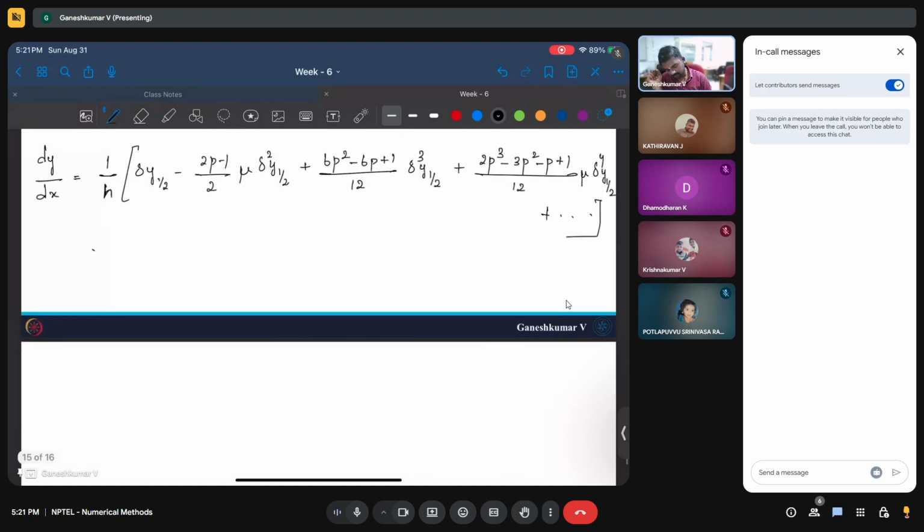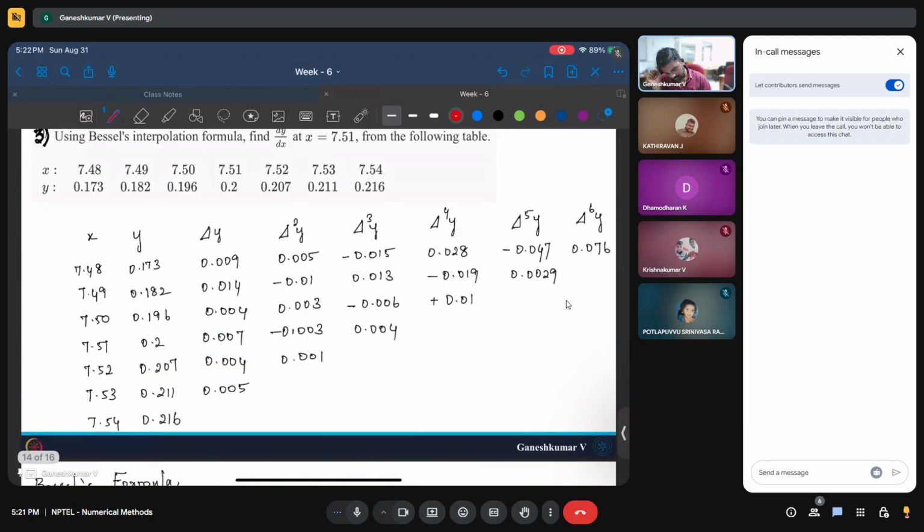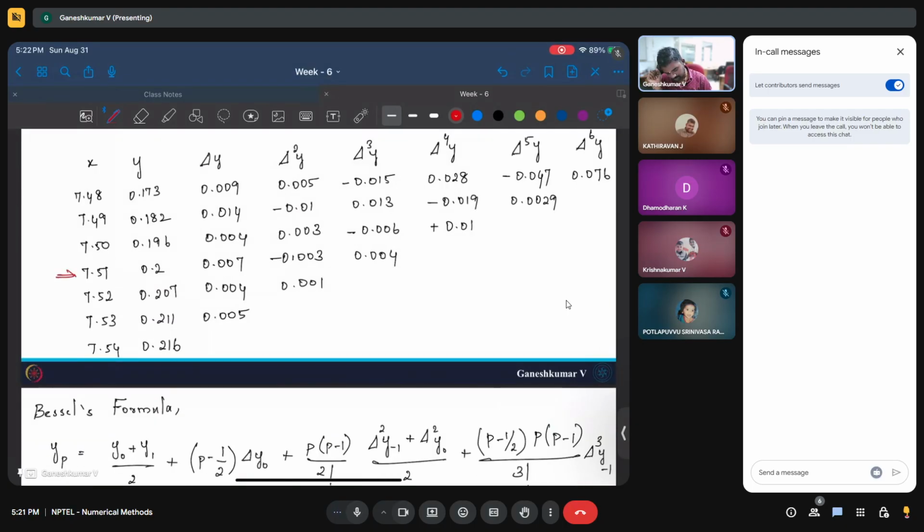Now for this problem, x is equal to x naught equal to 7.51. So that is where we want dy by dx. Okay, at this place. So your y, delta square y, and delta power 4y.